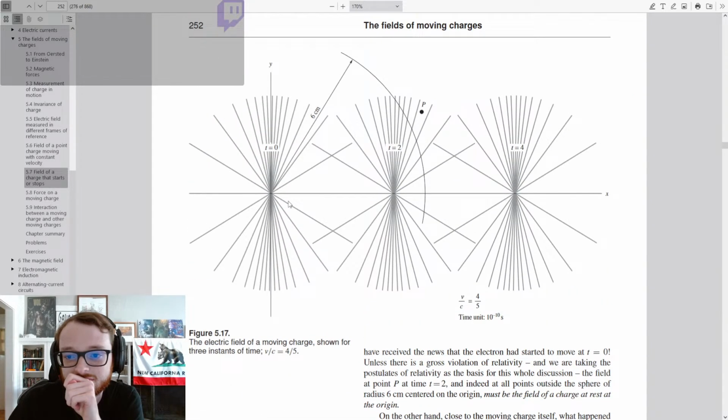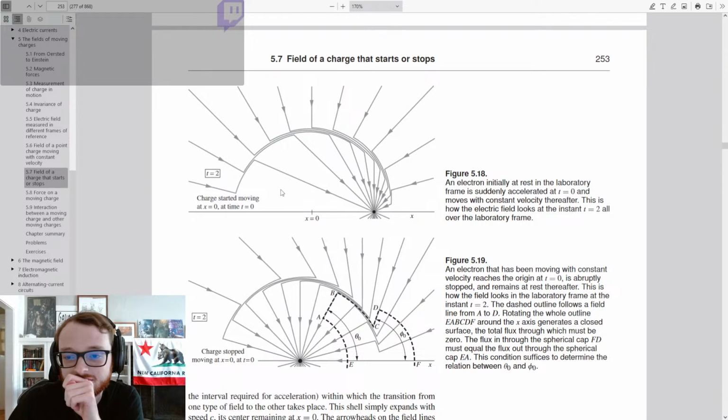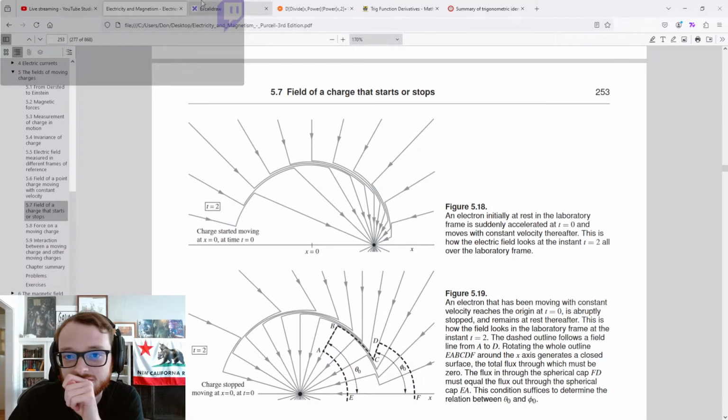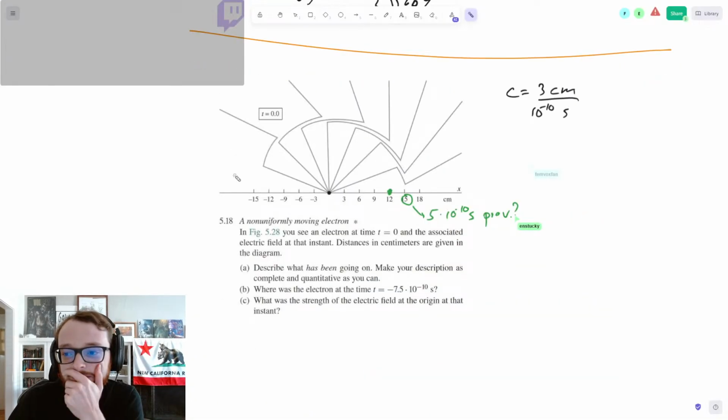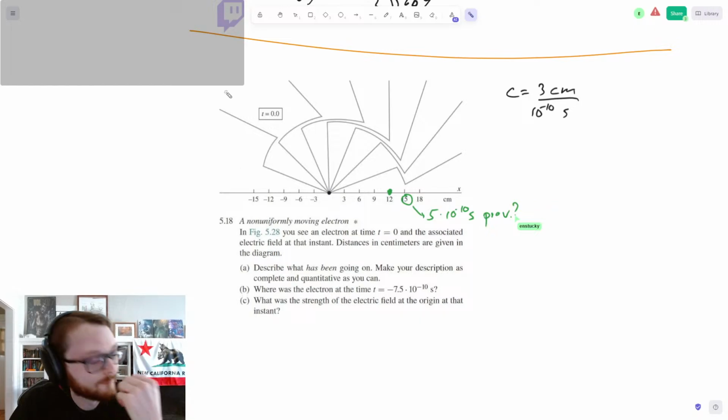So how did it get from 12 to 0? Does it just move so quickly that it can get from there to there basically instantly? So is it the time during which it moved is the time that the field lines did the sort of curvy arc parts? Is that what it is?